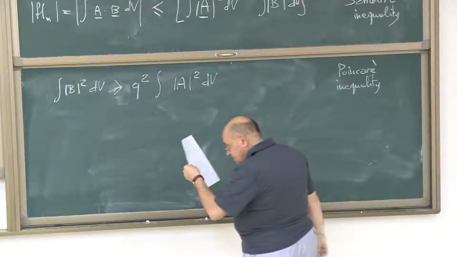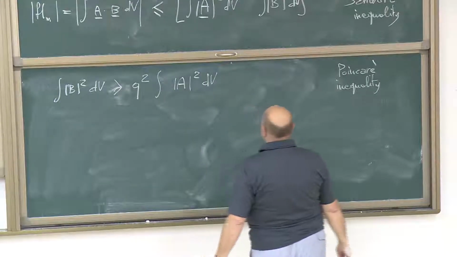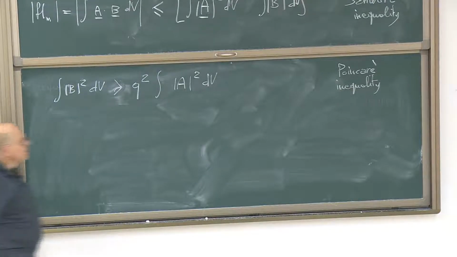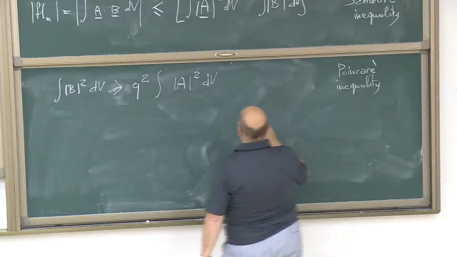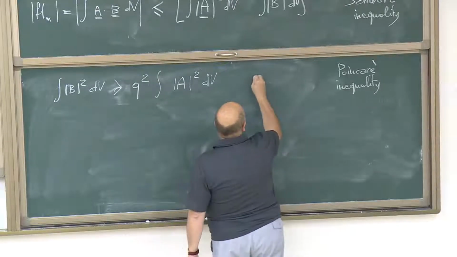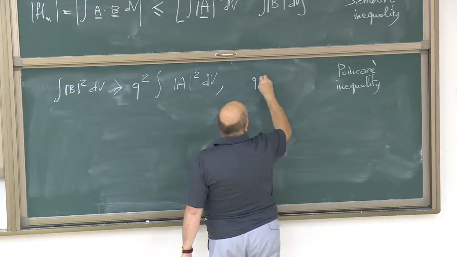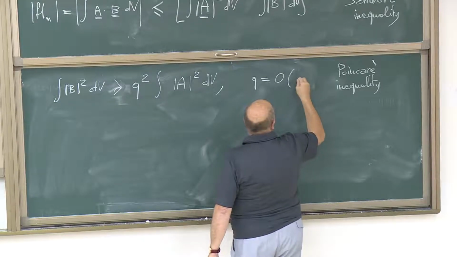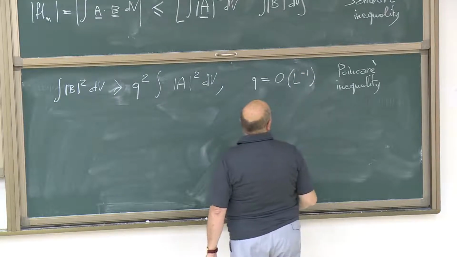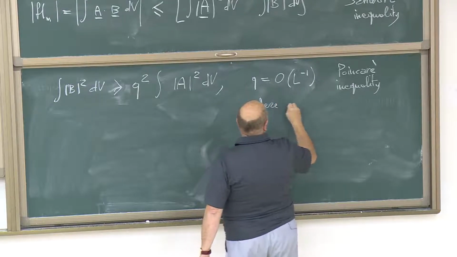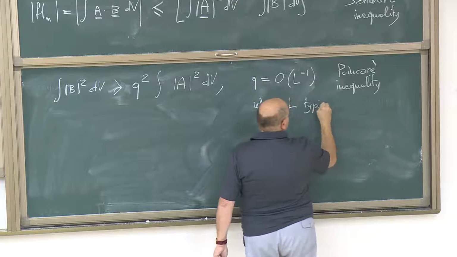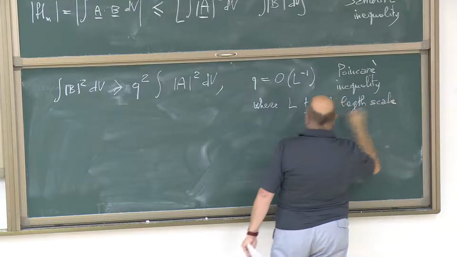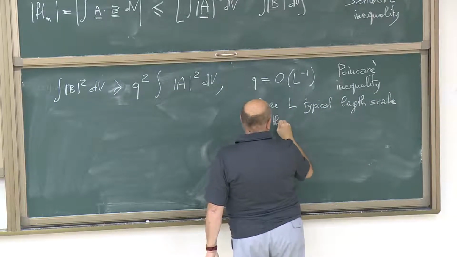I didn't write anything on this q. Well, q is a constant that, at the moment, we can say only is of the order of a length to the minus 1, where L is the typical length scale of the magnetic field.